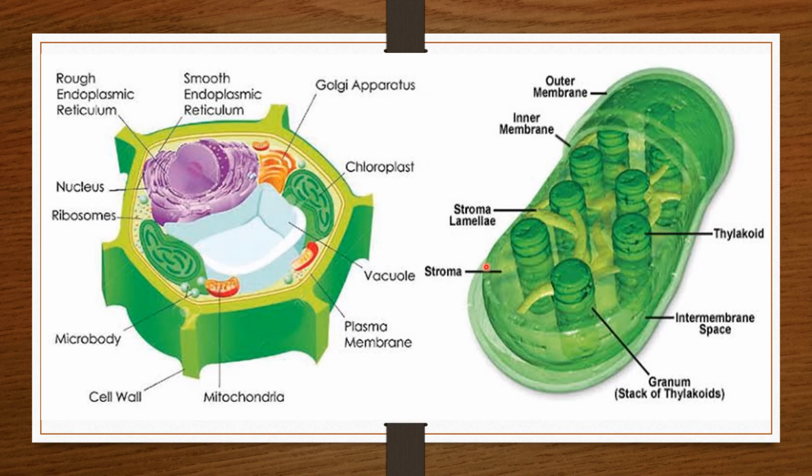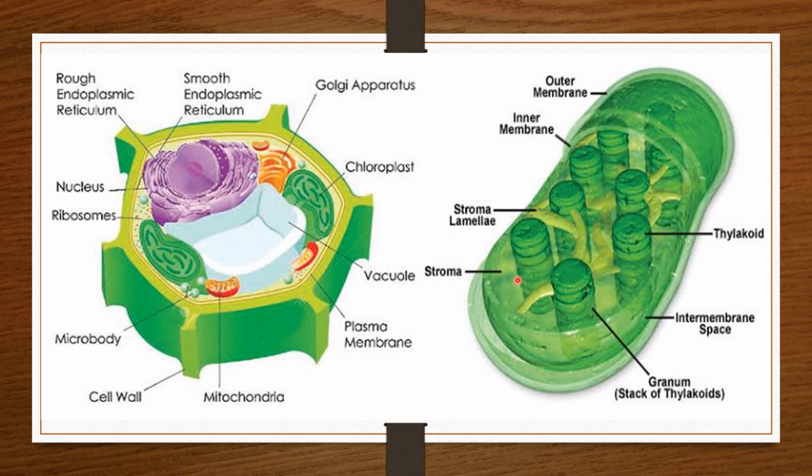Here in this diagram, you can see this is the plant cell. In the plant cell, this is your chloroplast, the whole chloroplast. You can see this is the chloroplast outer membrane, this is the inner membrane, and these are the stroma lamellae, the stroma membranes.